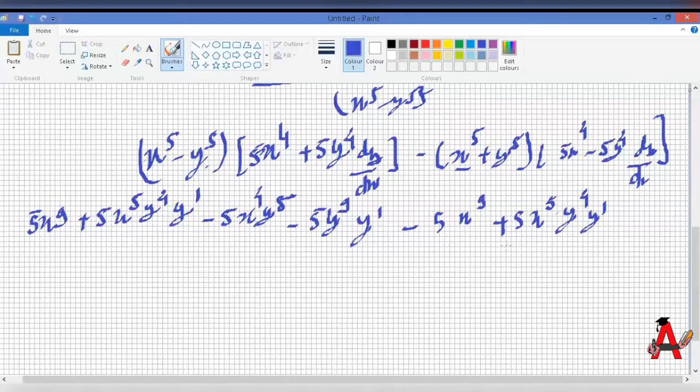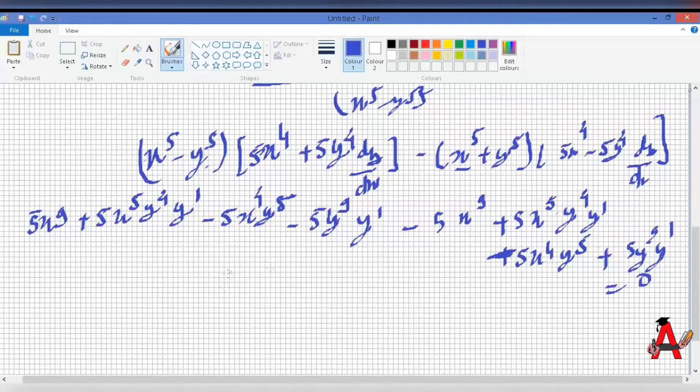The third term will be y^5, so that will become 5x^4 y^5, and the last term will be, minus minus plus, 5y^9 y dash, equal to 0.